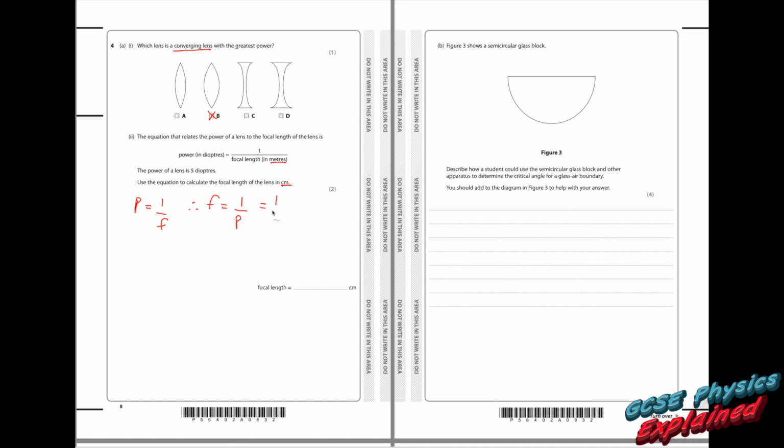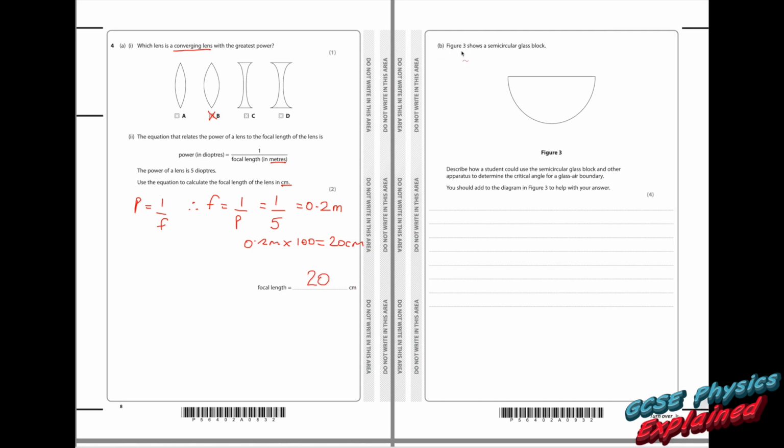So that's 1 divided by the power, which was 5. Now that is 0.2. Now that'll be in meters, and we need to convert it into centimeters. So 0.2 meters times by 100 gives us 20 centimeters.